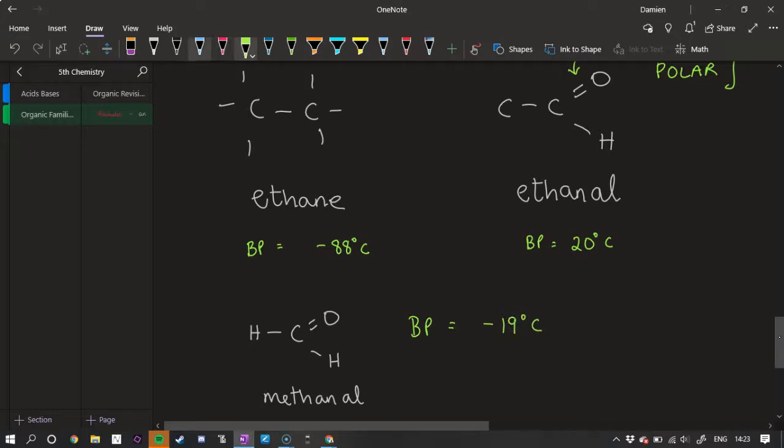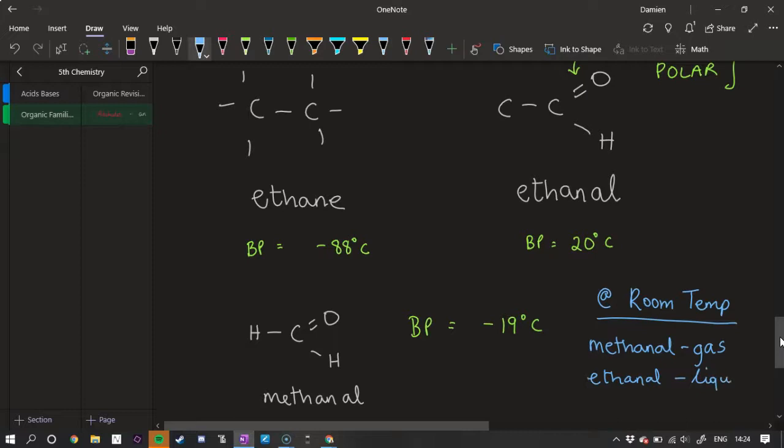So often what they'll do is they'll talk about room temperature. So at room temperature, which again is around 20 degrees Celsius for us, methanal would be a gas because it will have boiled. Ethanal would be a liquid.